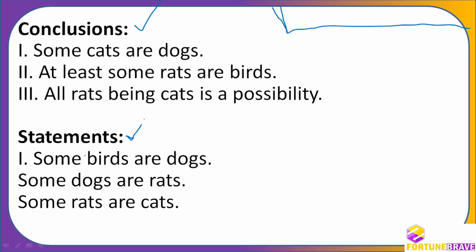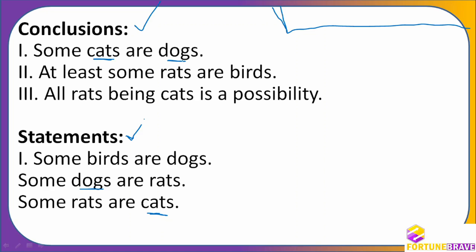Now the first set of statements. There are 3 statements. Some cats are dogs. So I am going to find where cats are and where dogs are, and then take only these 2 statements. Getting my point? I am going to take where cat is here, because we are going in the reverse direction.